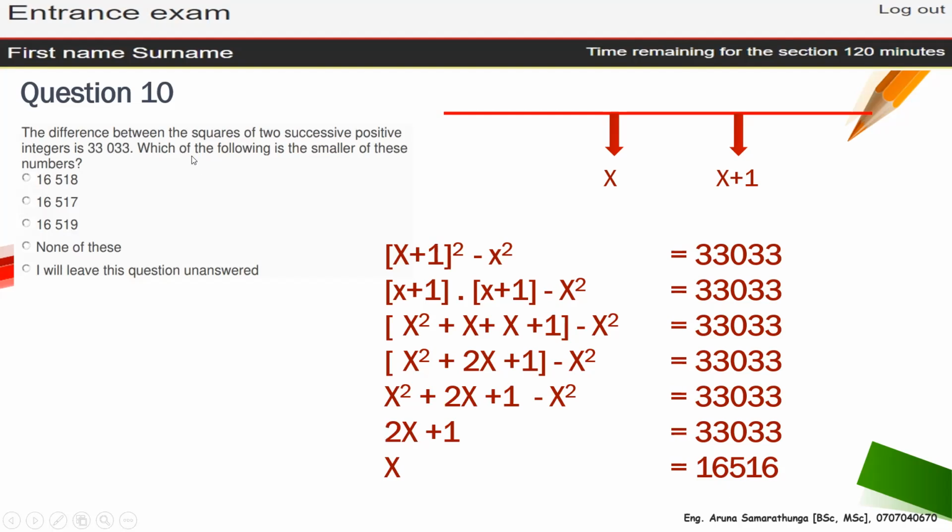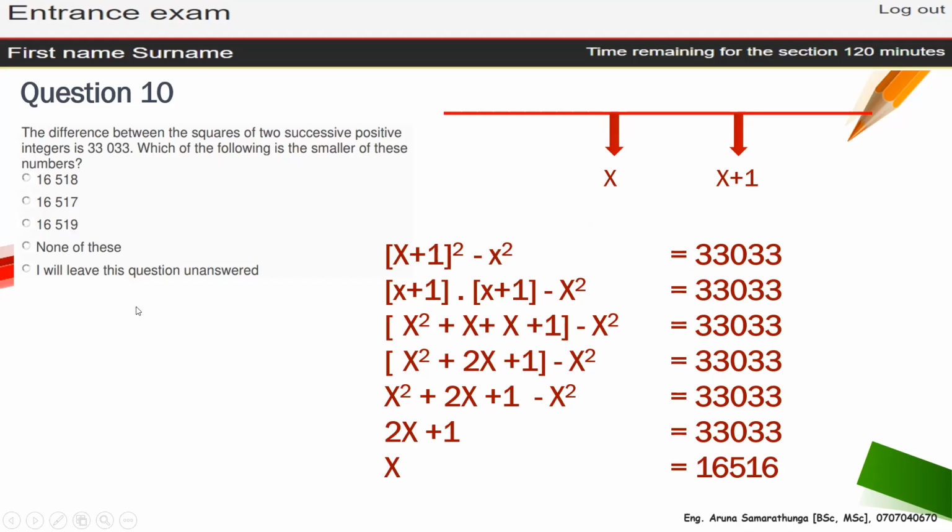Which one of the following is the smaller of these numbers? The smaller is x actually. Is this answer here? Not here, not here, not here. So none of these is the answer. They have given not the small one, they have given the bigger one.